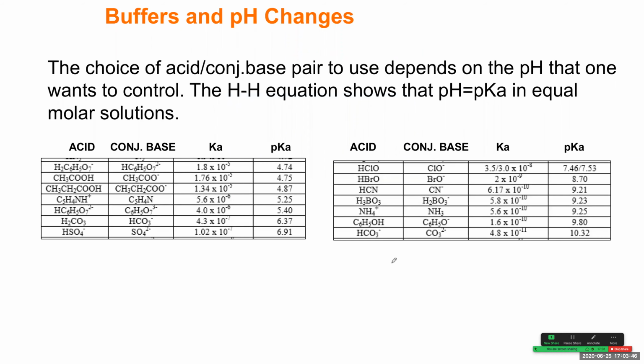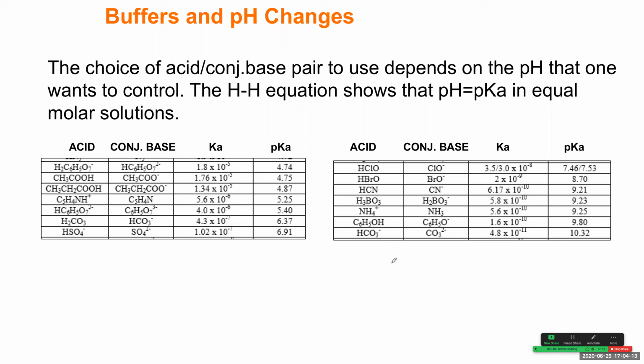Okay, so how do you choose an acid conjugate base pair? We've been talking about acetic acid and acetate, but that's not the only one. There are hundreds, if not thousands, of weak acid conjugate base pairs. So the choice depends on the pH range that you want to control.